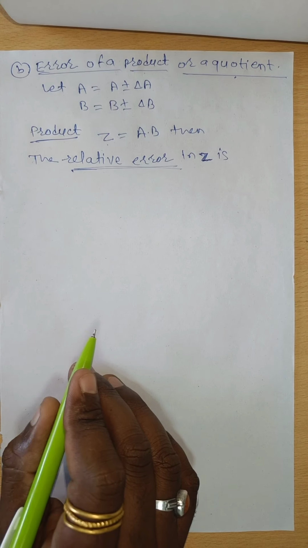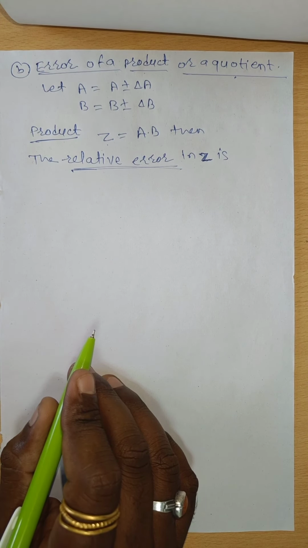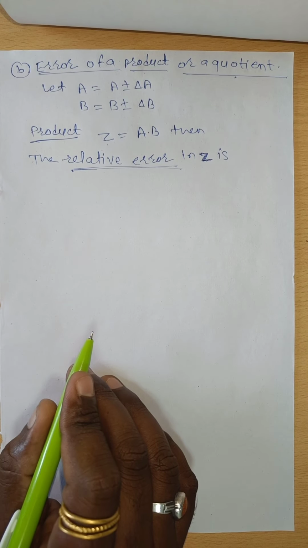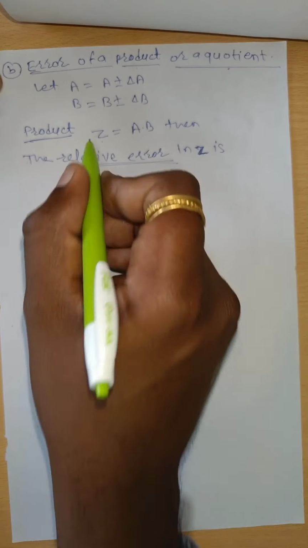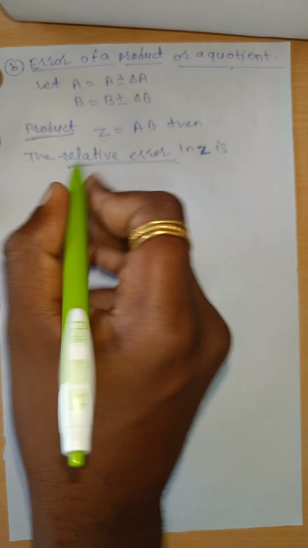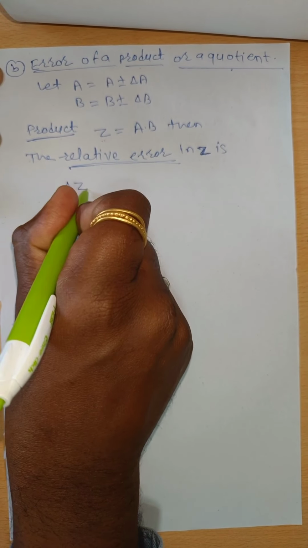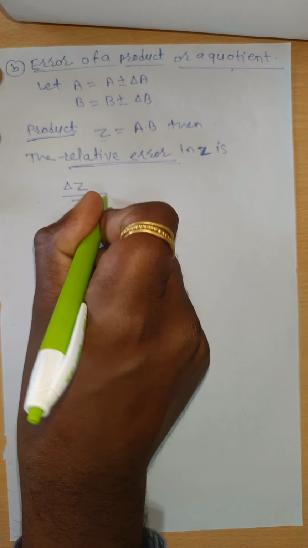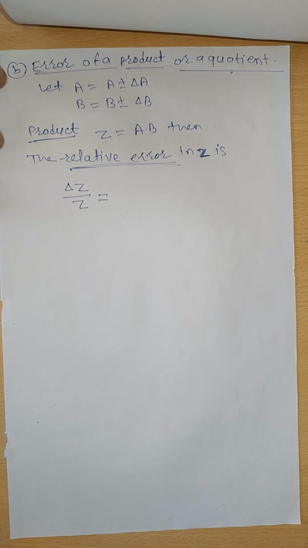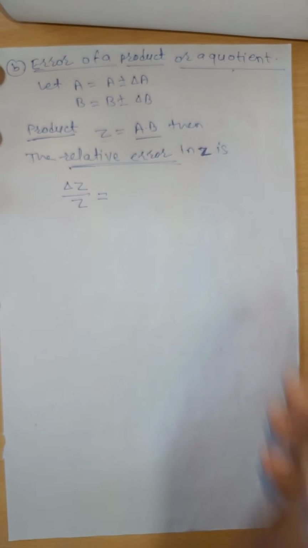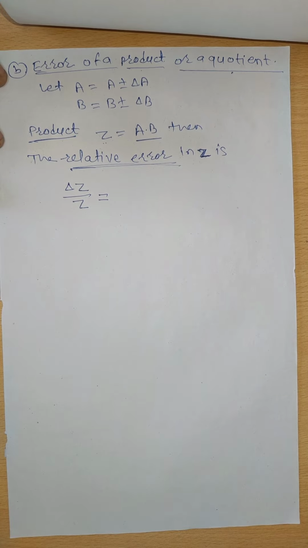Then you know that relative error is nothing but delta A by A. Now in that case the relative error of Z is delta Z by Z. Now A and B are in terms of product.